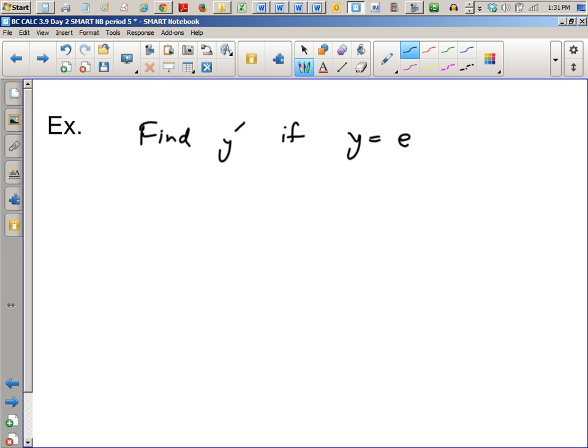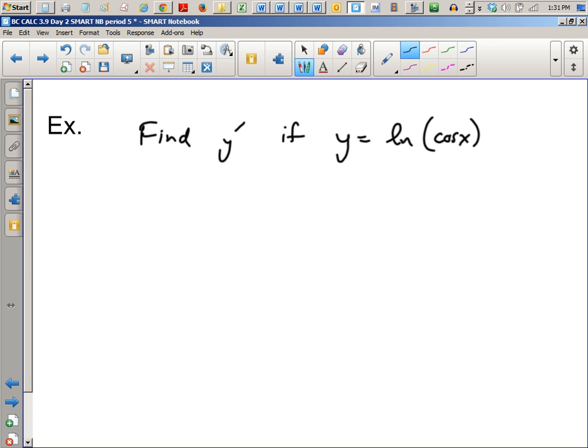Oops. Sorry, I got a little mixed up here. I meant to say, find y prime if y equals ln of, and let's do cosine x.